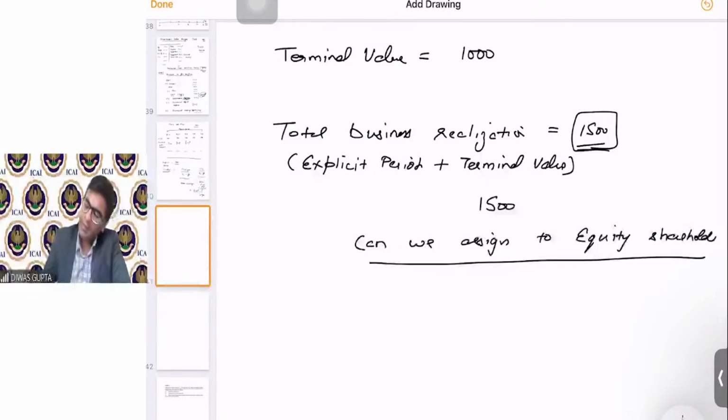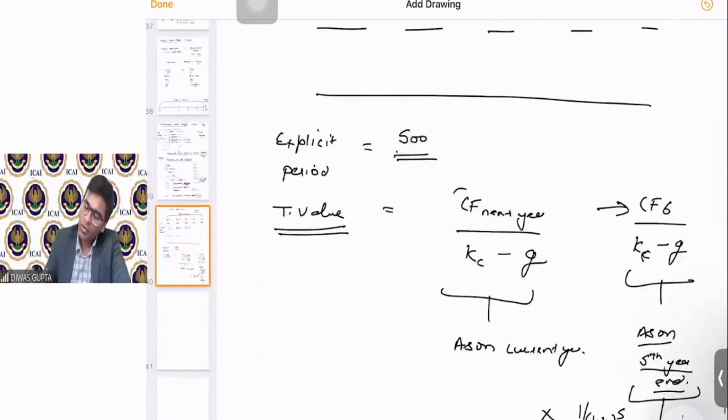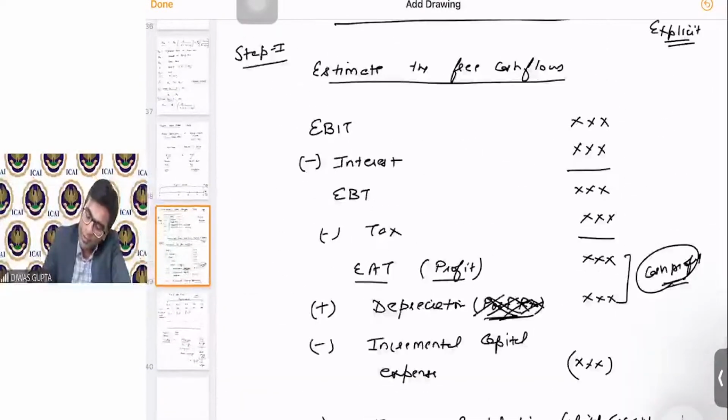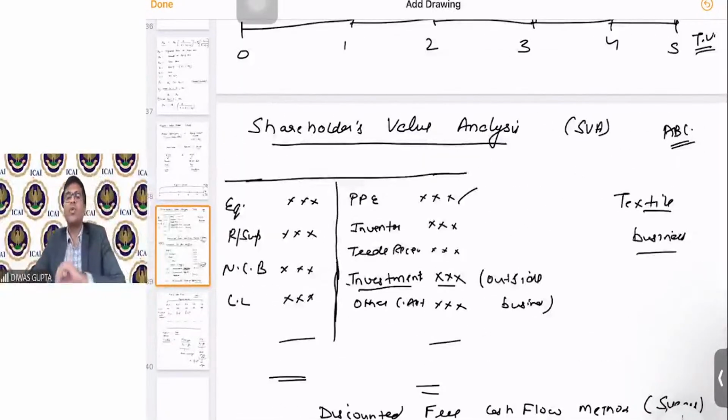Tell me, students, by reading out this balance sheet, what are your understanding or thoughts, as I've given to you that the futuristic projections fetch you 1,500 rupees as the business outcome.